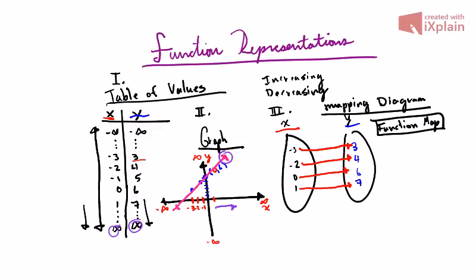We can also tell whether or not things are functions if we look at the mapping. If negative 3 had gone to both 3 and 4, that would be a contradiction because 3 cannot equal 4. So therefore, it's not a function. So the function of x does not exist, or in essence, y does not equal y.